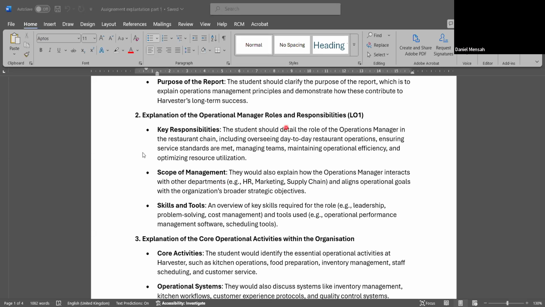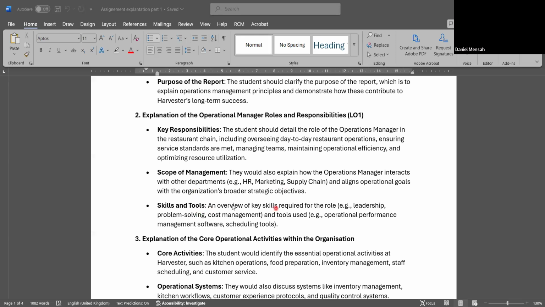Because this is part of the operation manager's responsibility and role, he performs these duties and aligns operation management goals with the organization's goals, okay.